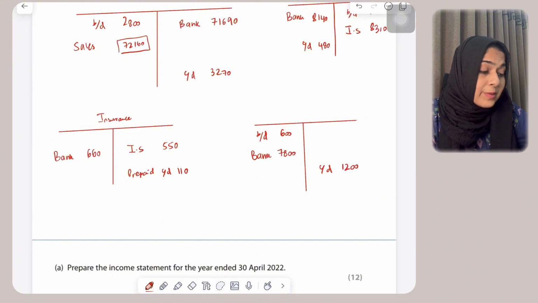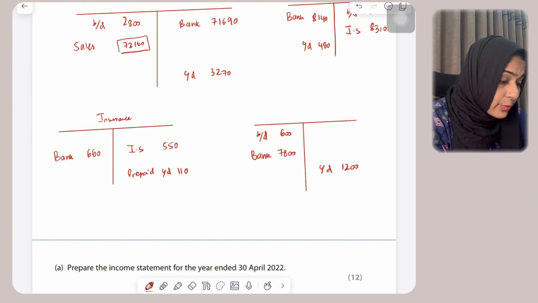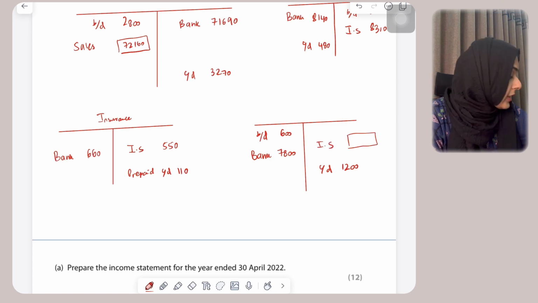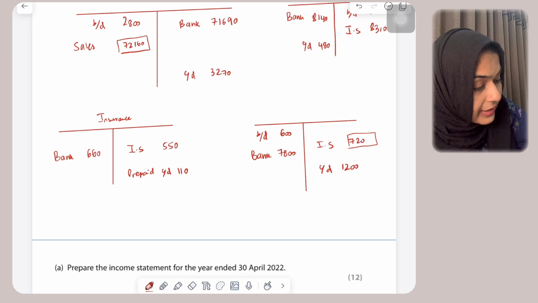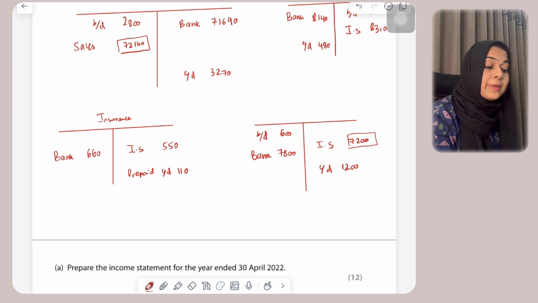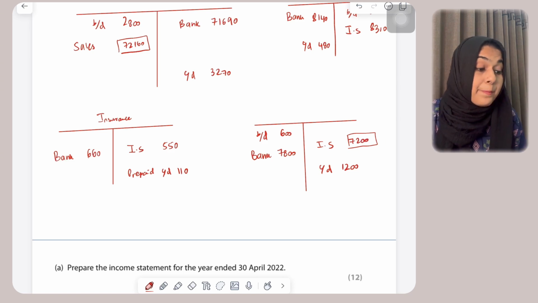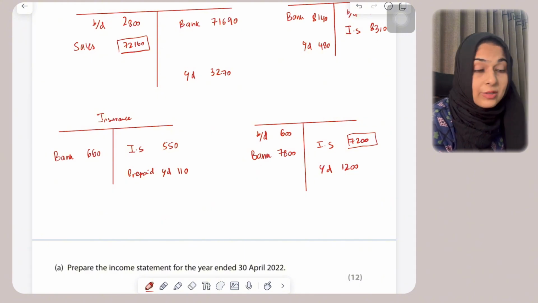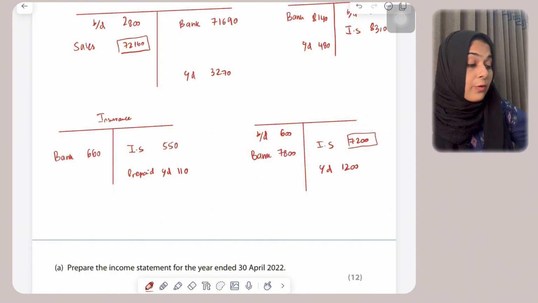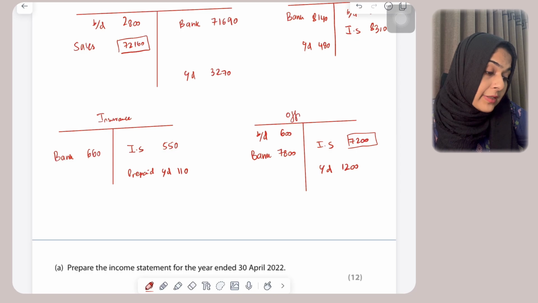So 7,800 plus 600 minus 1,200 will give me my income statement value, which in this case will be 7,200. So I'll write on the top office rent and rates.